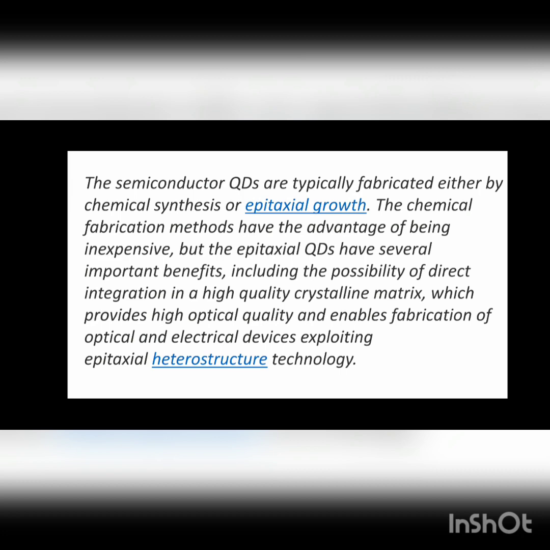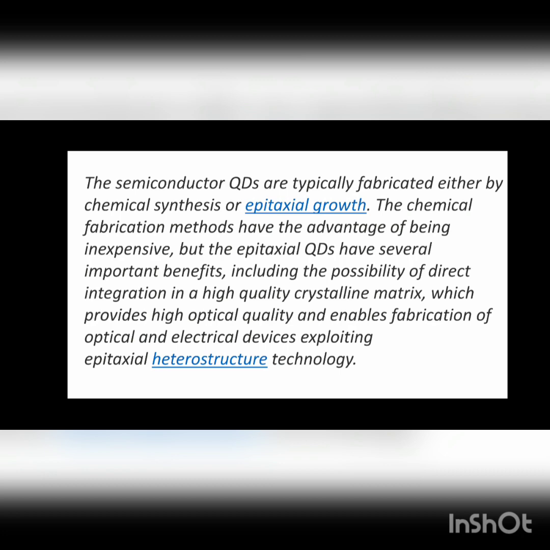The semiconductor quantum dots are typically fabricated either by chemical synthesis or epitaxial growth.